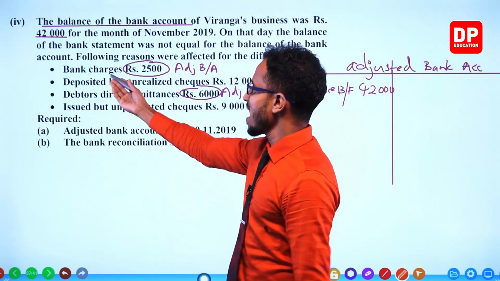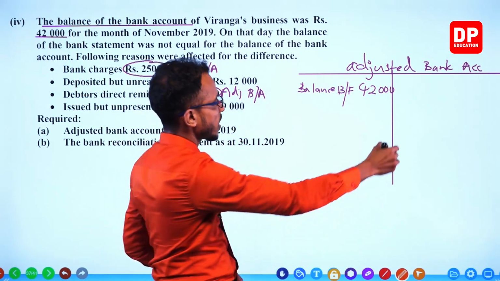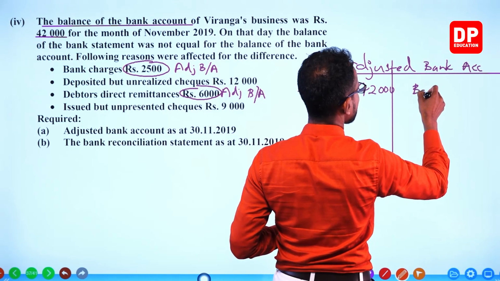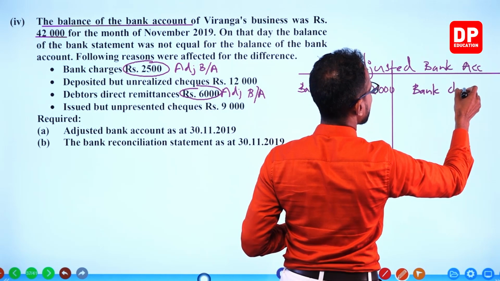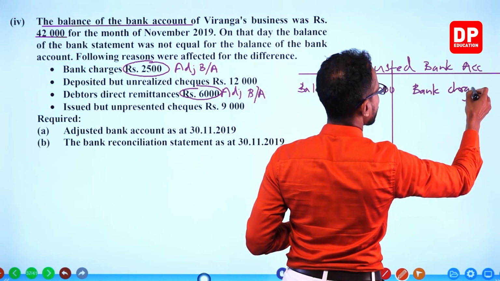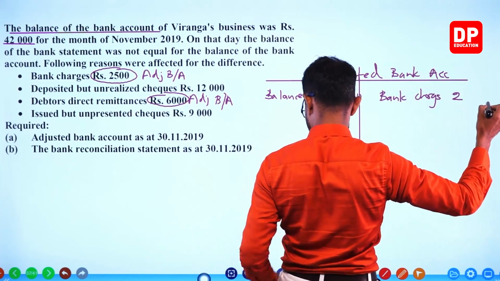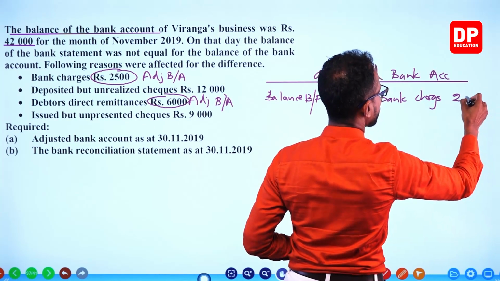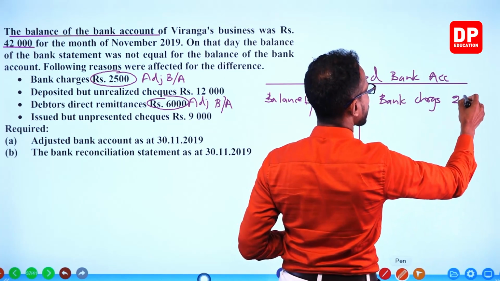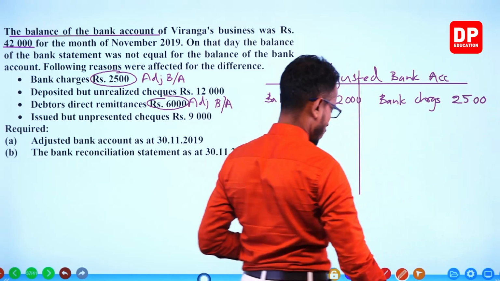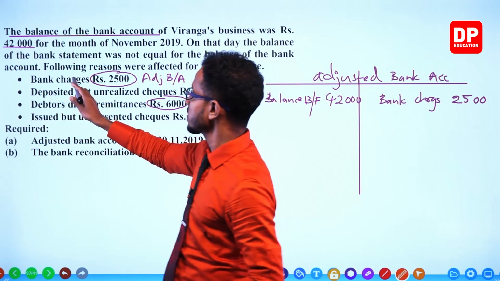Okay. Bank charges should be credited 2,500. So that's entered and done.